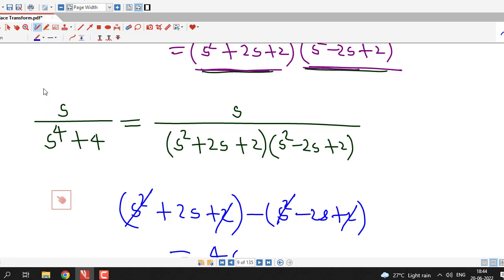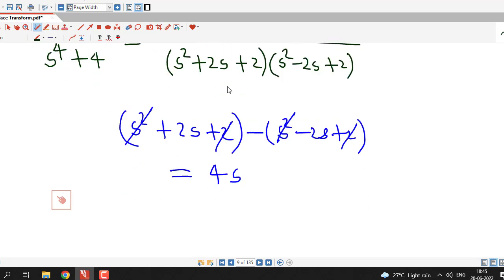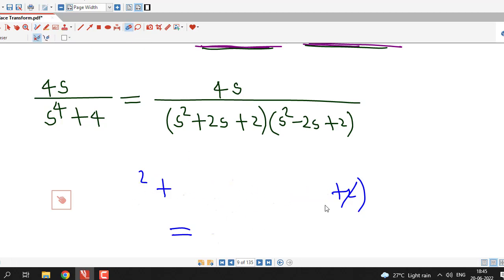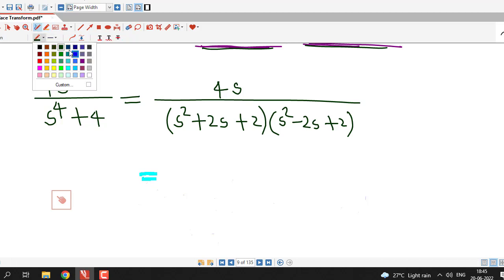So difference of these two is 4s, therefore we can replace 4s by the difference of these two. So in the next step, we will write 4s as the difference of these two polynomials of degree 2.